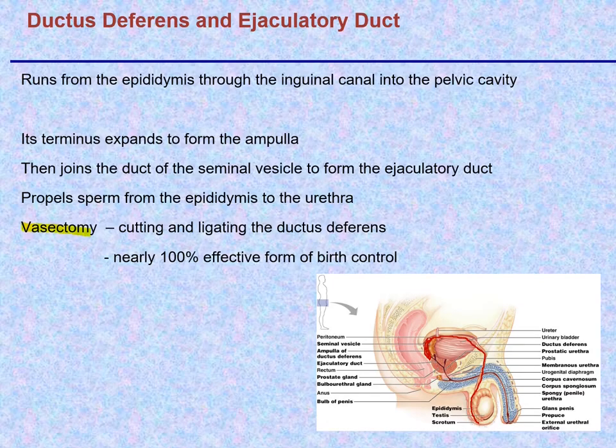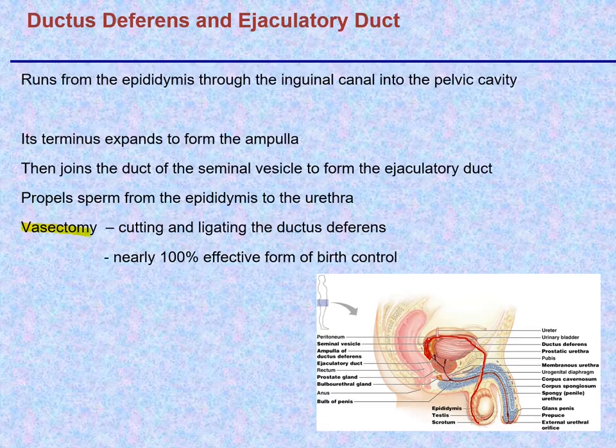Occasionally it fails, not very often, quite rare, but has been known to fail, particularly if a person has sex within, I think, the first 4 weeks or month after the procedure, because there could still be some residual sperm cells in there. Is it a month or 2 weeks? I'm not sure. It doesn't matter.